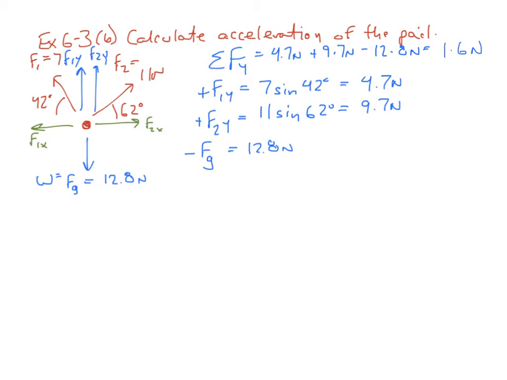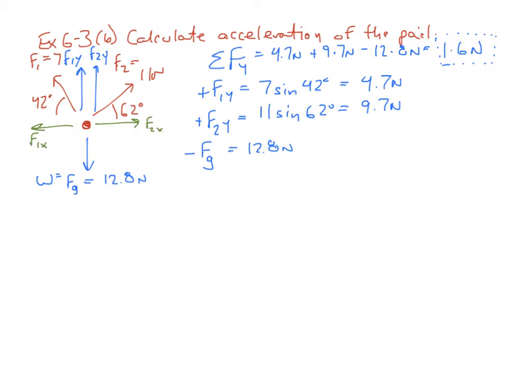That is our net force in the y direction. That's important to find, because if we're going to find the acceleration of the pail, and it's only accelerating in the y direction, we need to find the net force in the y direction, and that's 1.6 newtons. Now the rest of it's going to be easy.